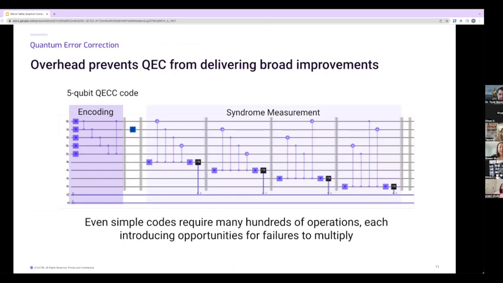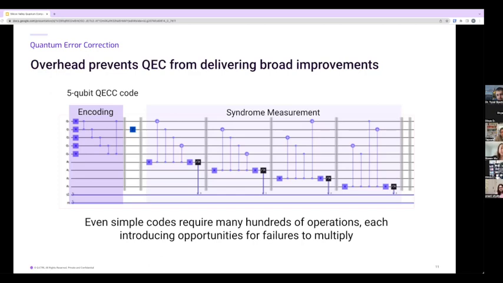So performing a single syndrome measurement, which is basically a measurement in which you look at the states of the entangled qubits in order to derive some sort of meaning about what the state of the logical qubit is, can take hundreds to thousands of operations, depending on the topology of the machine and the gates that are being operated in the encoding process, just to derive one single measurement.